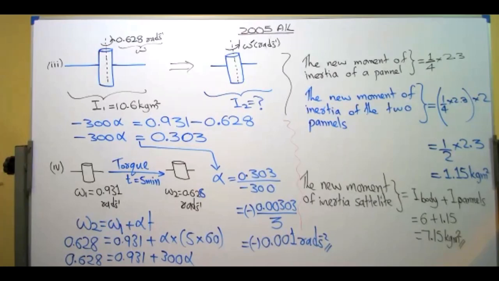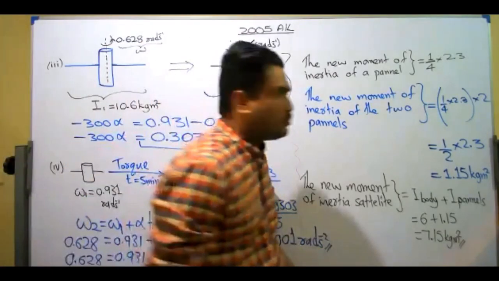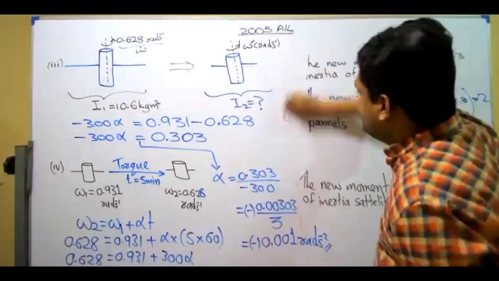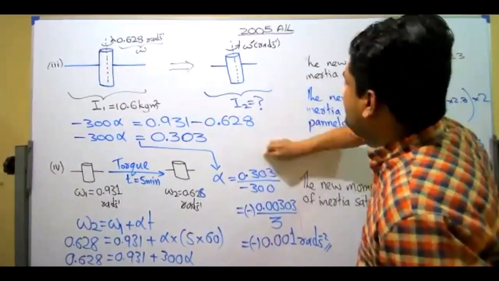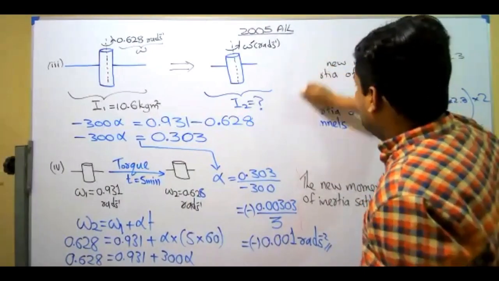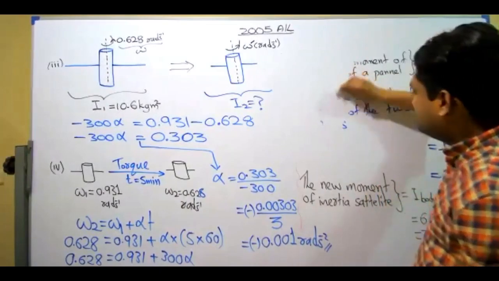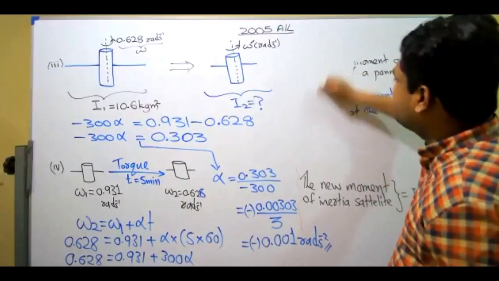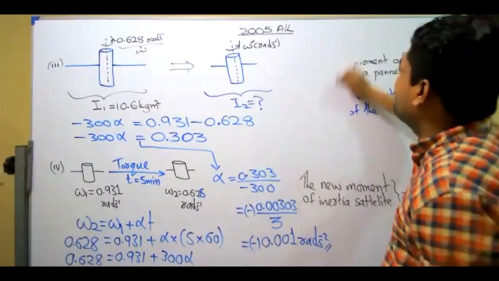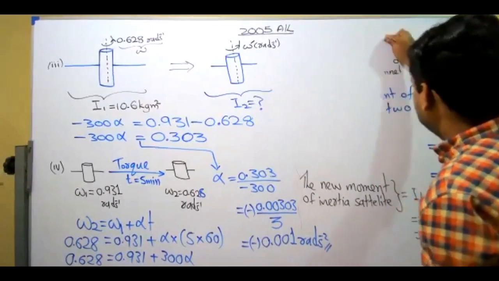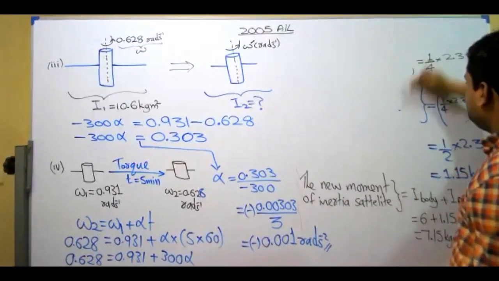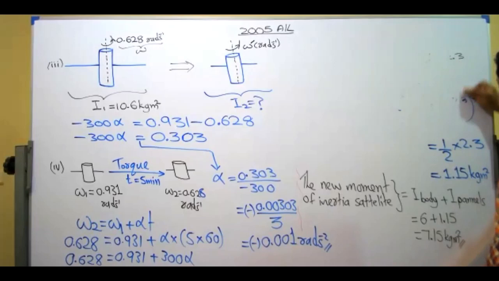Right, what is the meaning of the minus sign here? So alpha is actually the acceleration. What is the meaning of the minus sign? Can somebody unmute the mic and tell me? For the alpha, we have obtained the answer with the minus sign. What does it mean?